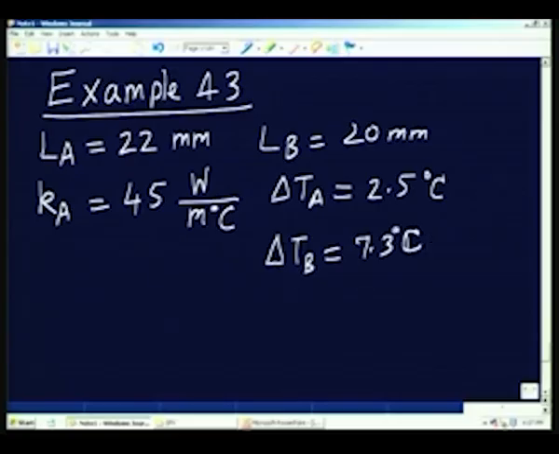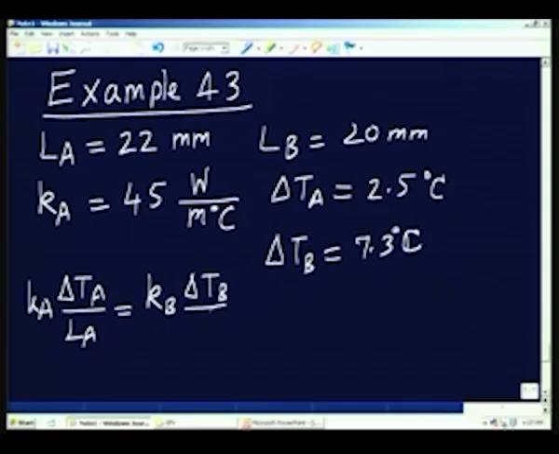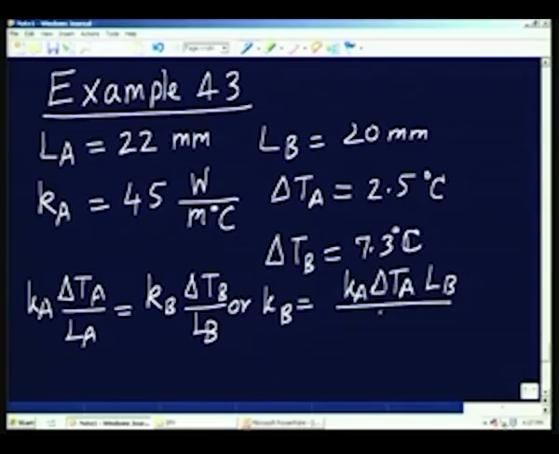So, all I have to do is to use the simple rule Ka delta Ta by La is equal to Kb delta Tb by Lb, or Kb is equal to Ka delta Ta Lb by delta Tb La.